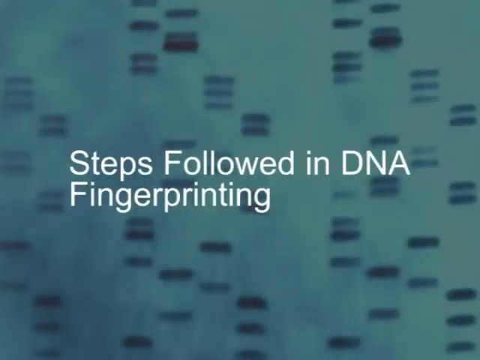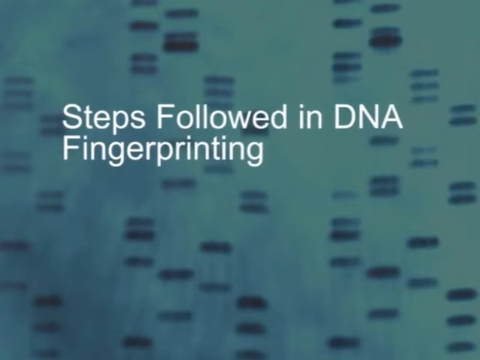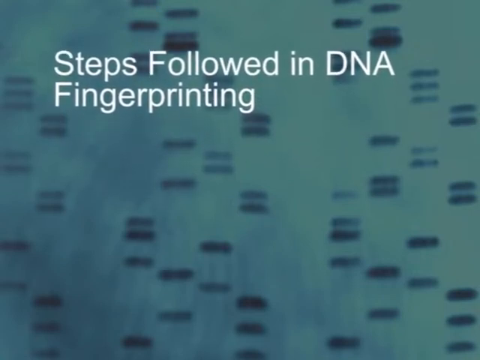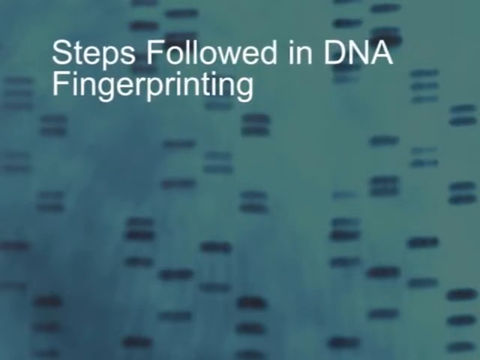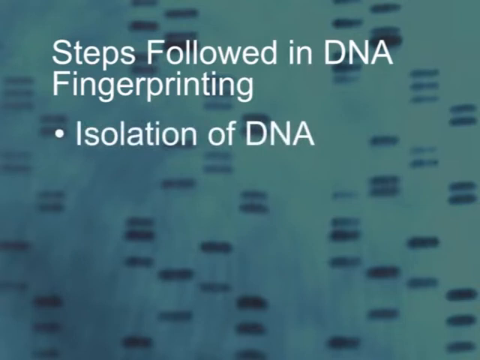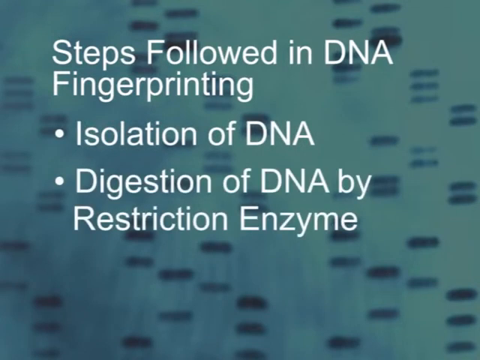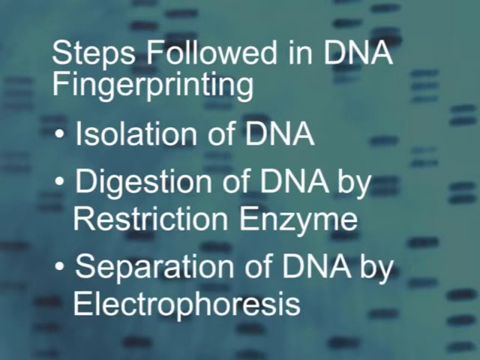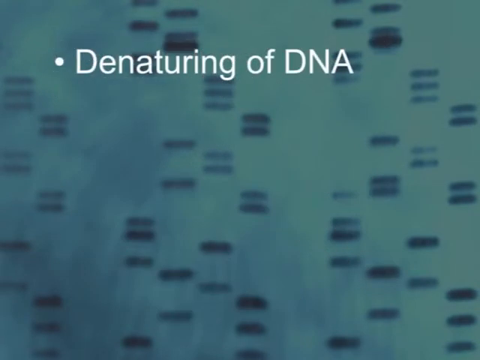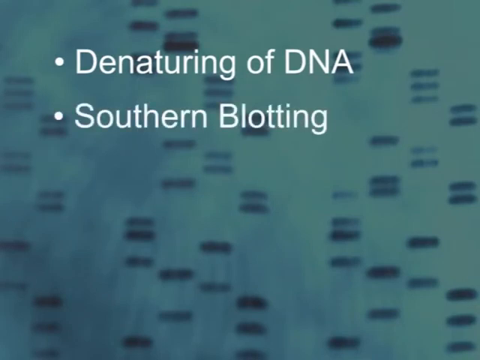Steps followed in DNA fingerprinting. There are various steps of DNA fingerprinting. These are as follows. Isolation of DNA, digestion of DNA by restriction enzyme, separation of DNA by electrophoresis, denaturing of DNA, Southern blotting.